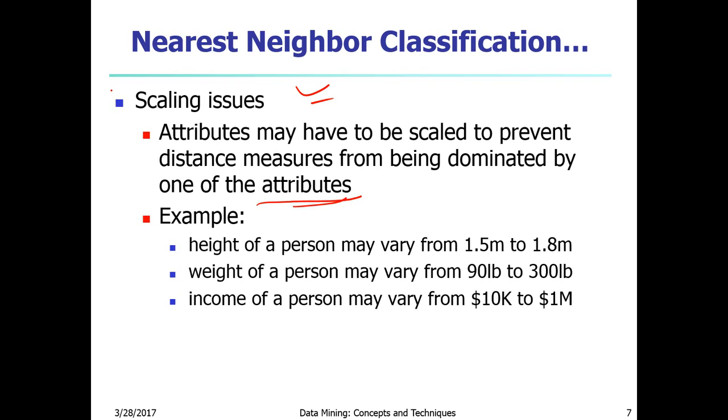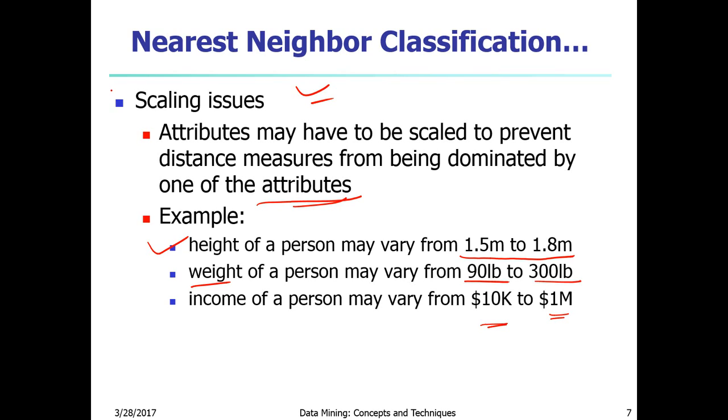Let's see this example. Here is a height which varies from 1.5 meters to 1.8 meters. That's in one unit. Weight is from 90 lb to 300 lb. That's in another unit. And the income is from 10,000 to a million. So the numbers are different, and you will have a problem when you do not normalize or standardize them before using them in your prediction.